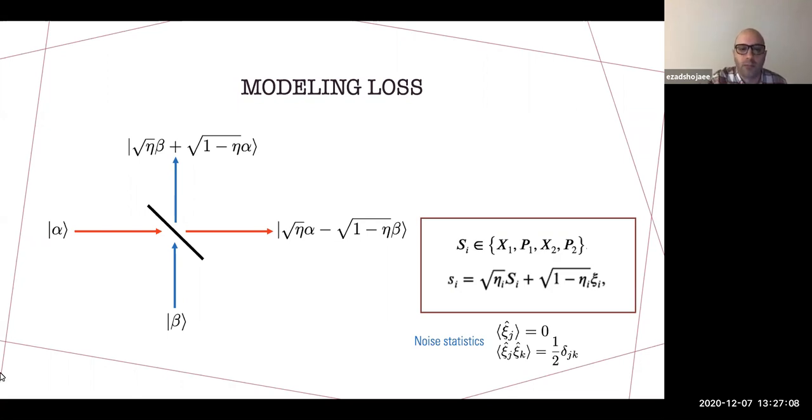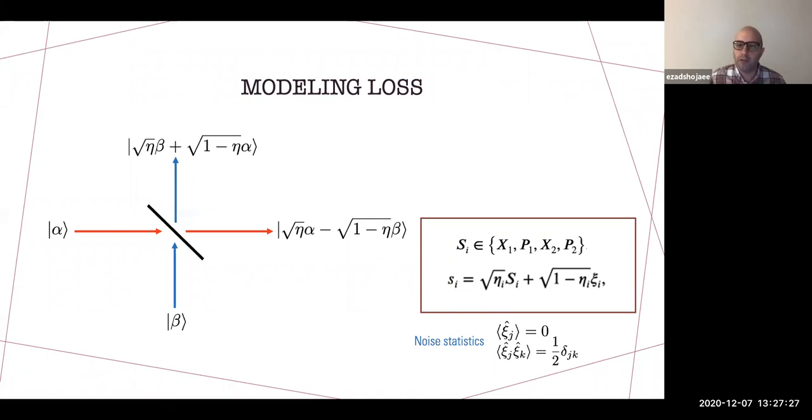So let's say alpha is your signal. Beta is the unused port, which gets injected by vacuum. That's how vacuum fluctuations come about around your signal. And then this port that you do not measure, the blue one, is whatever information is lost to the medium.